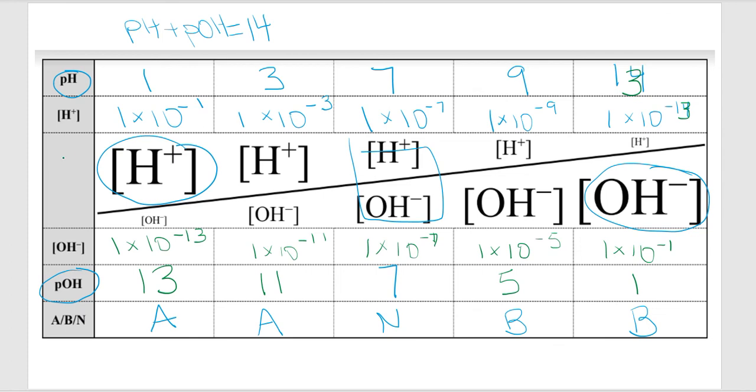The pOH scale is the exact same thing, just the opposite. So instead of less than 7, now it's more than 7 as an acid, and less than 7 as a base. I tend to use the pH scale. It just makes my life easier. So I know 7 is neutral, acid, base, right?